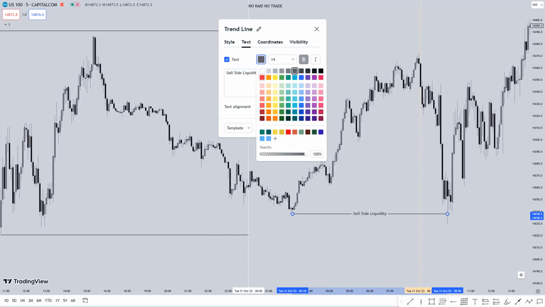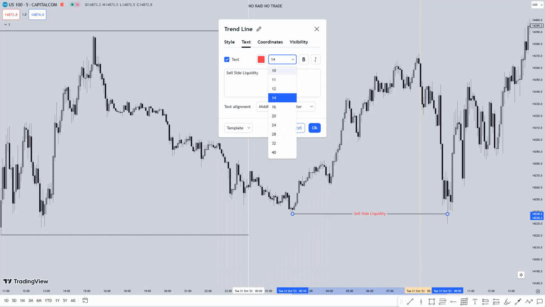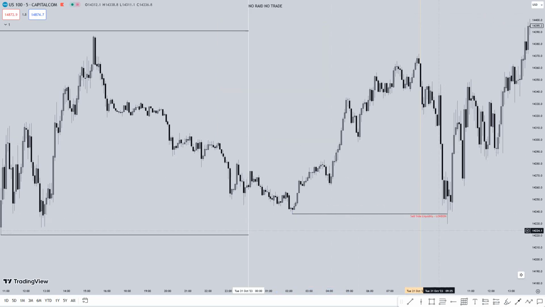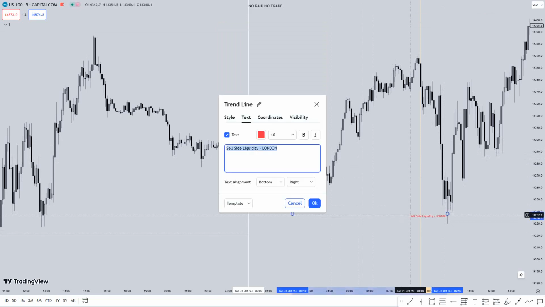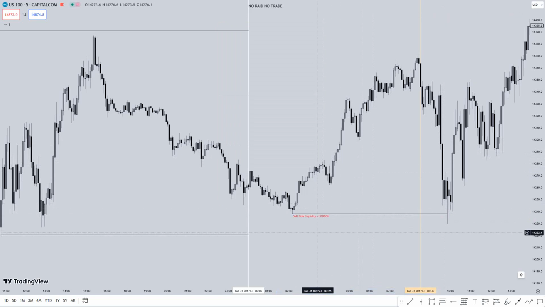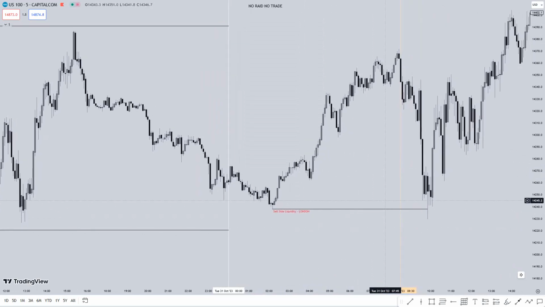So we do have our sell side liquidity. London, right, so that was a low that formed in London and we took that out. So the fact that it matches with the rules, it happened prior to 8:30 and it's a low in London.